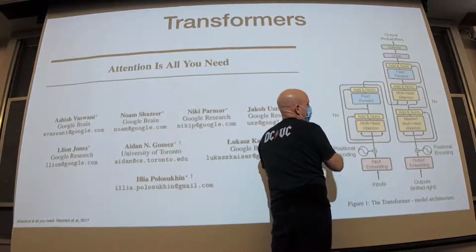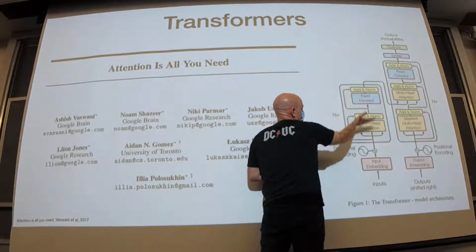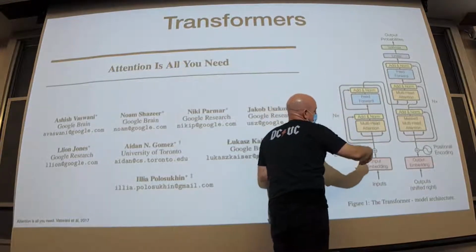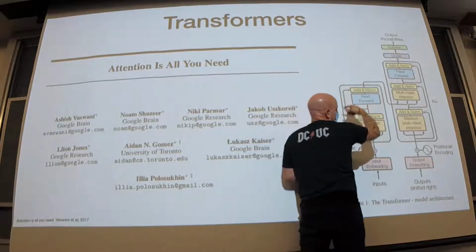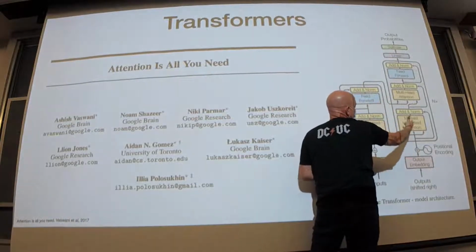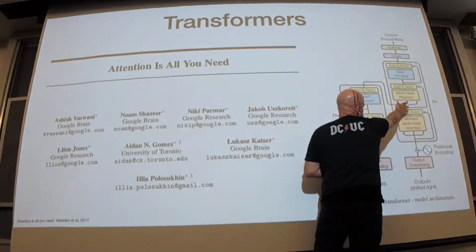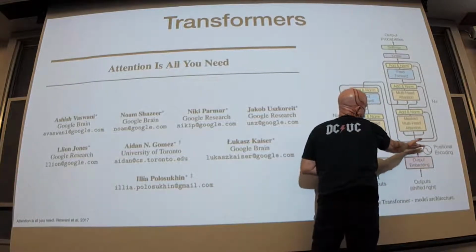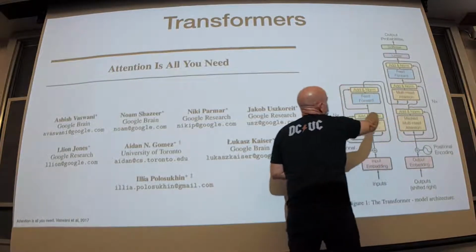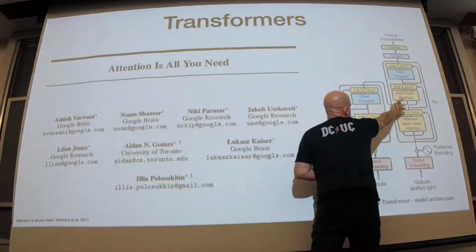It's again a hyperparameter, but you do this encoding 6 times, and then you have a final encoding that becomes contextual input to the decoder, which does a bunch of this attention conditioned on the encoding.